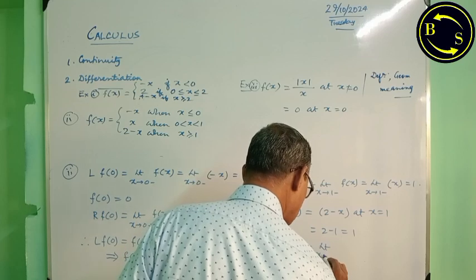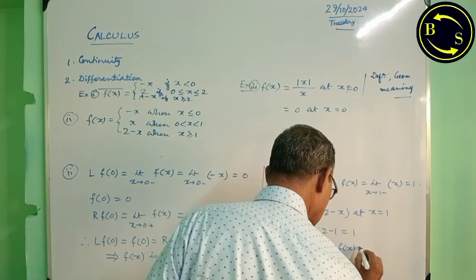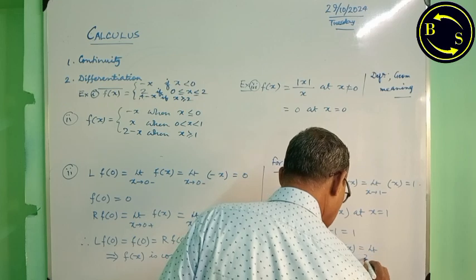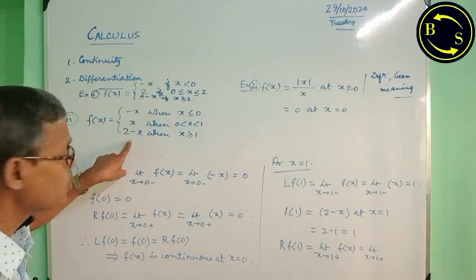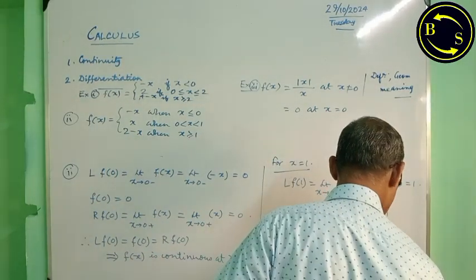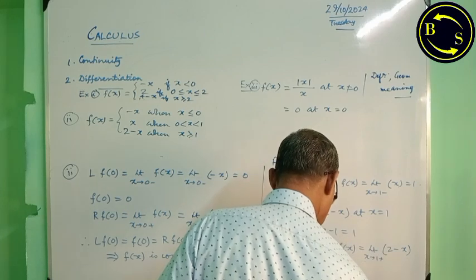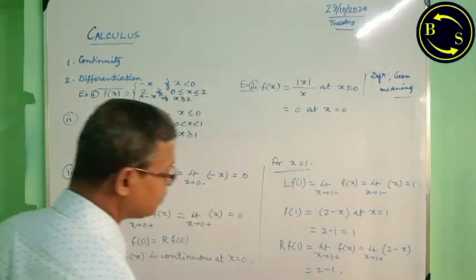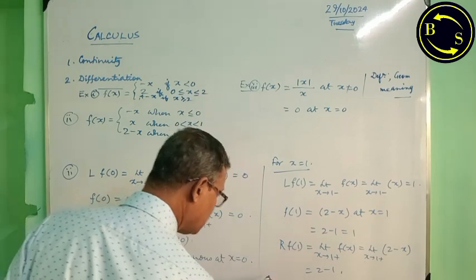RF1, limit x tends to 1 plus f(x). When x is greater than or equal to 1, value of f(x) is this, 2 minus x, that is 2 minus 1. Thus we find LF1, F1 and RF1.